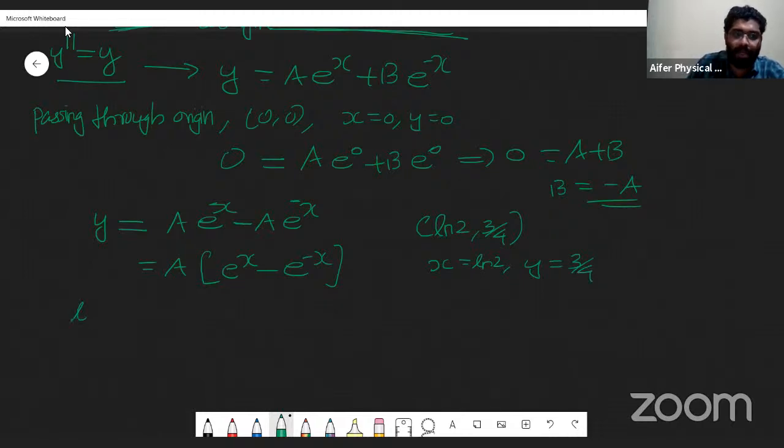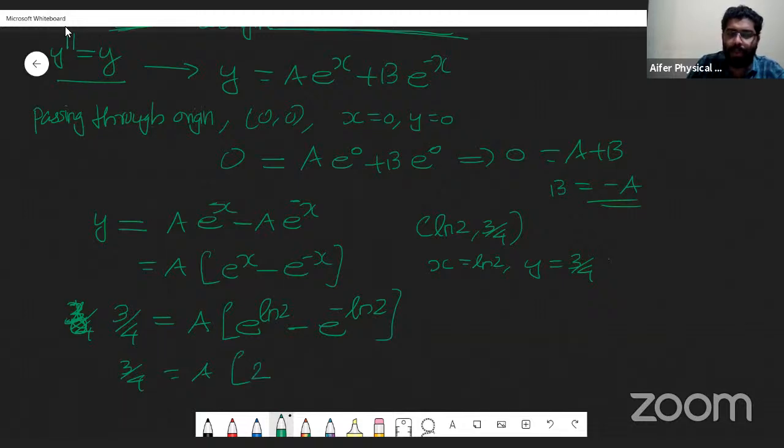So we can substitute y = 3/4 when x = log 2 into a(e^x minus e^(-x)). So 3/4 equals a times (e^(log 2), which is just 2, minus e^(-log 2), which is 1/2). So you get 3/4 equal to a into 3/2. The 3 will cancel and a will be 1/2.